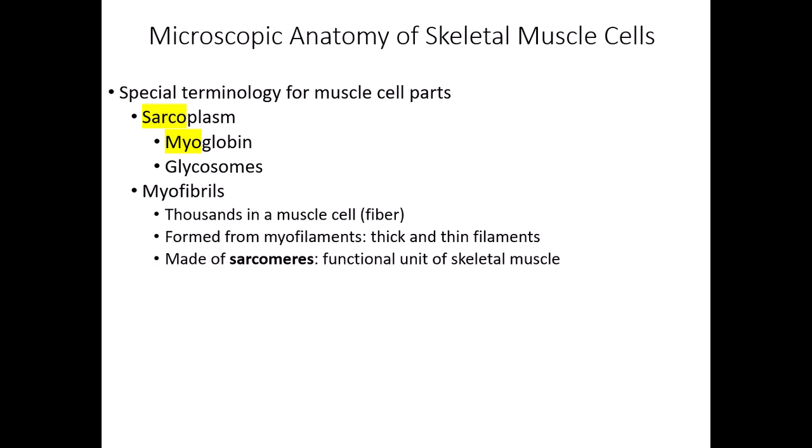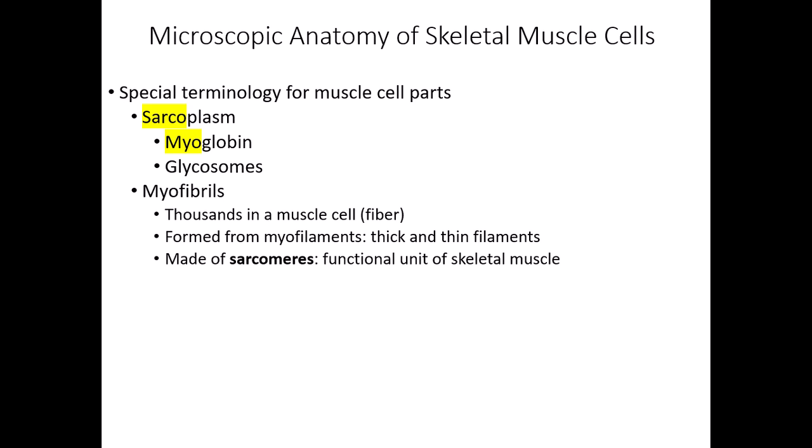Myofibrils. So again, we see the root myo for muscle. And fibril sounds like fiber. Remember, a fiber is what we call a muscle cell. So a muscle fiber is a muscle cell. And then you have that ils at the end of the word. And that is a diminutive. So a myofibril is going to be a smaller part within a muscle fiber.